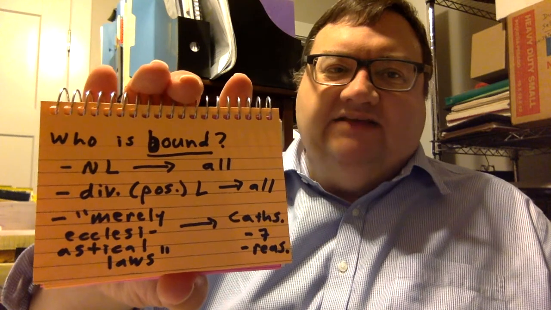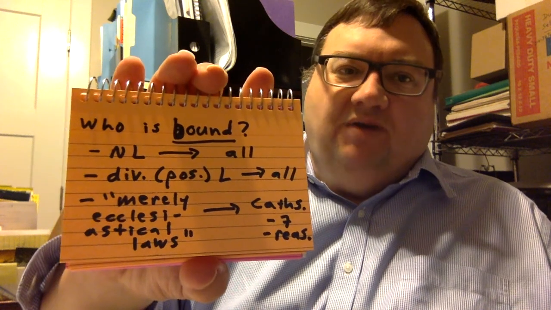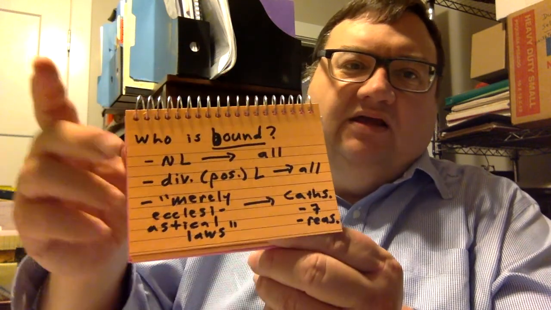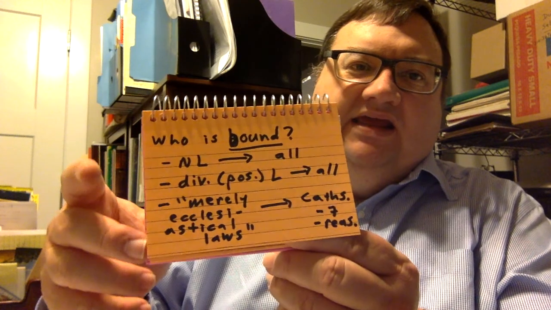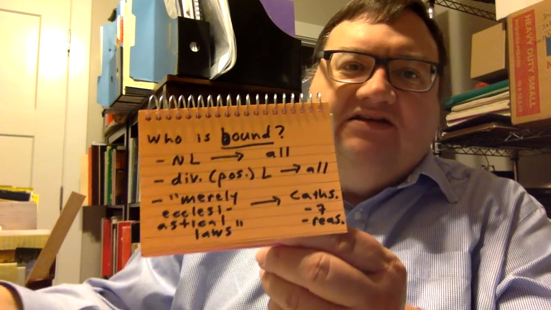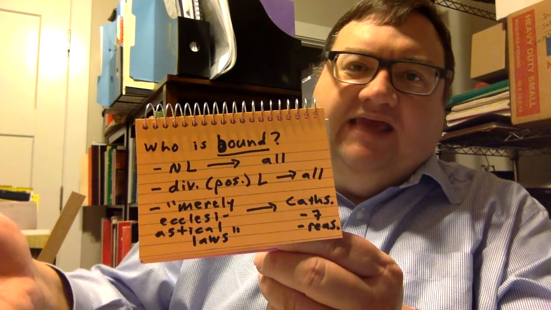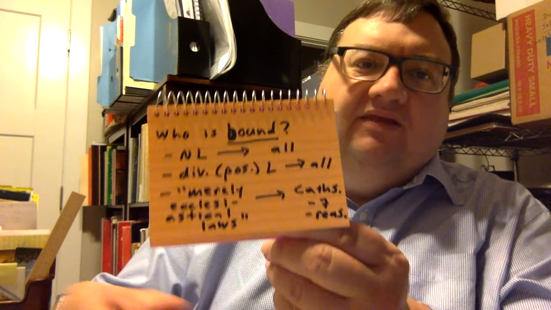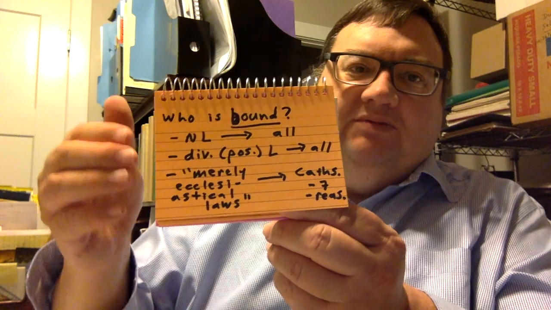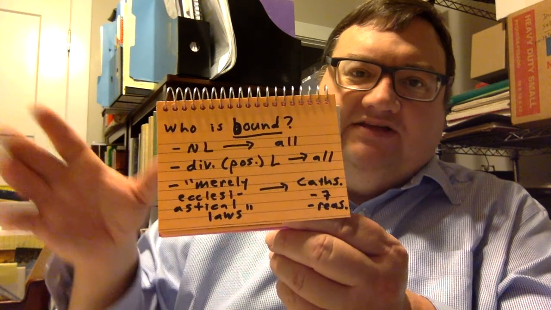And then our last category, merely ecclesiastical laws. These are the parts of canon law. Now again, keep in mind, canon law is going to contain all three. Canon law cannot enact natural law, cannot enact divine positive law, but it can repeat it. And so when we have it in a canon, it's repeating those things. But also, the larger part of the code is going to be merely ecclesiastical laws, human laws, canon law as human law.